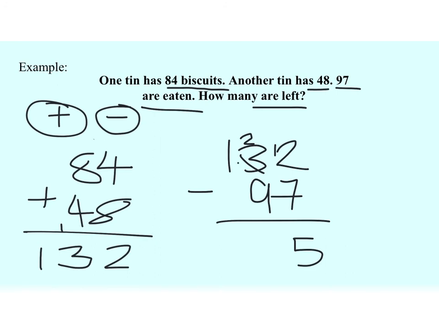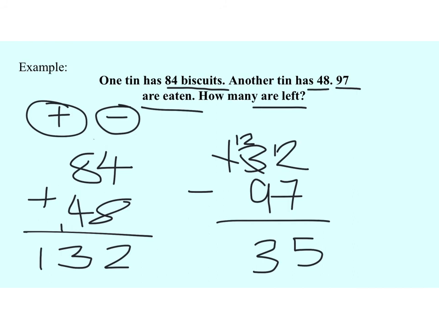So I have to score out that 10s and make the 2 into 12. Now I can do this problem. 12 take away 9 is 3. So therefore I should have 35 biscuits left.